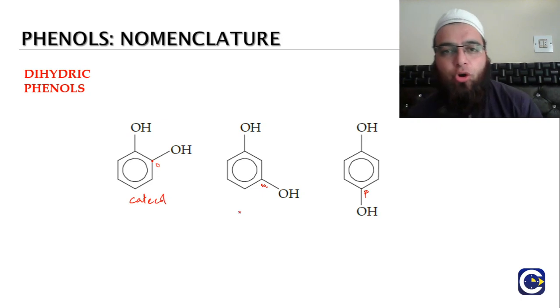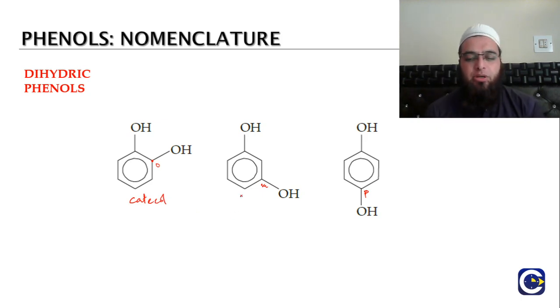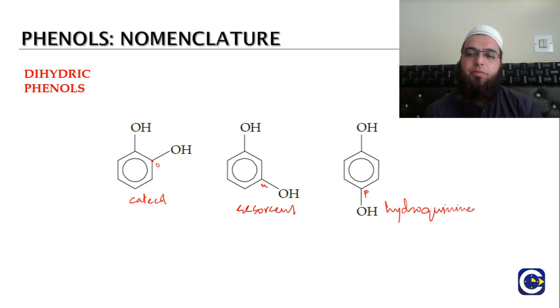This is the common name of this compound, okay. This is catechol. This is what you call resorcinol, and this is hydroquinone, okay. This is the famous one. So this is the general naming: catechol, resorcinol, and hydroquinone.